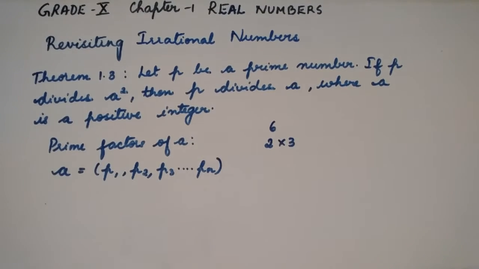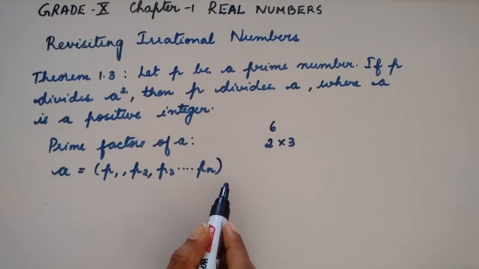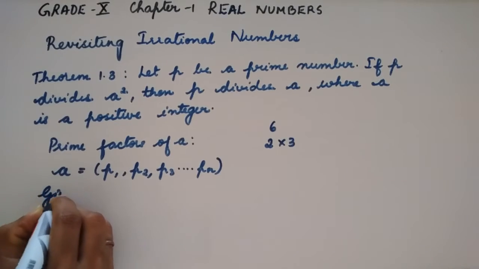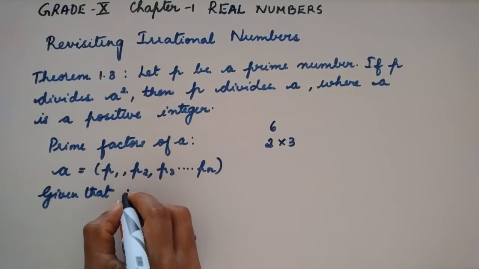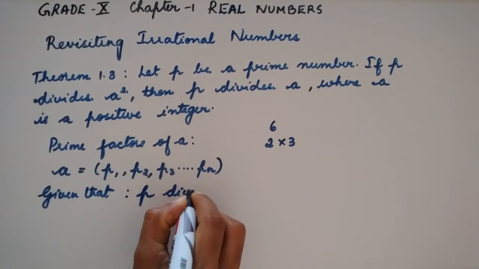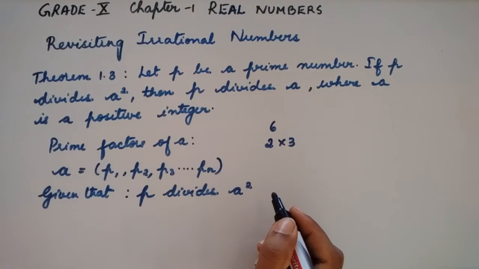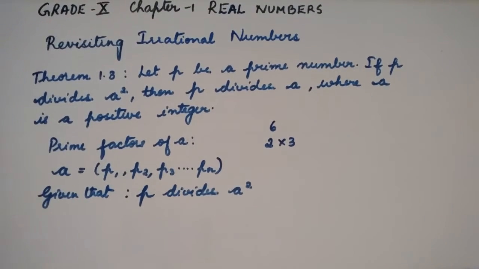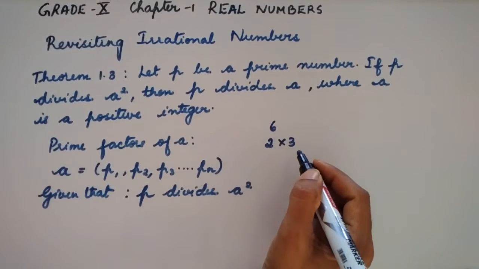So by the fundamental theorem of arithmetic, every composite number can be expressed as a product of its primes, isn't it? So given that p divides a square, that is 3 divides 6 square.